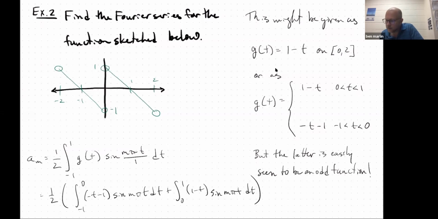So anyway, once we've noticed that we're dealing with something which has this odd symmetry to it, then we're going to go ahead and calculate the a sub m's, and we're not going to bother with the b sub m's because we know those will turn out to be 0.